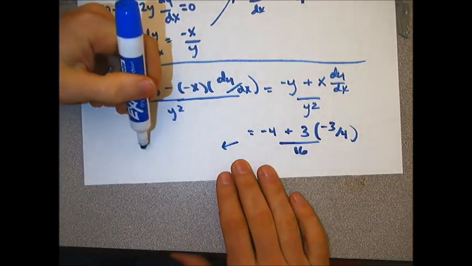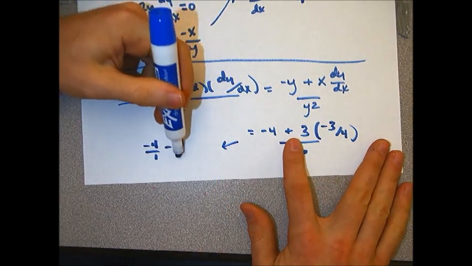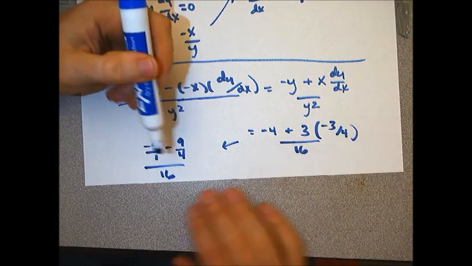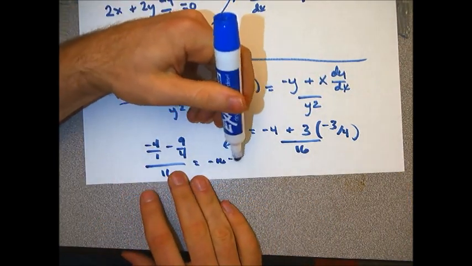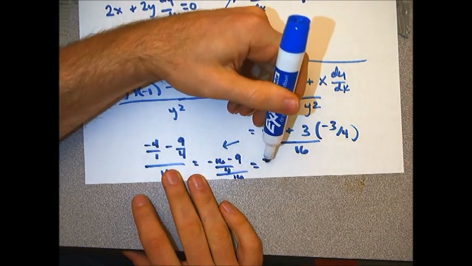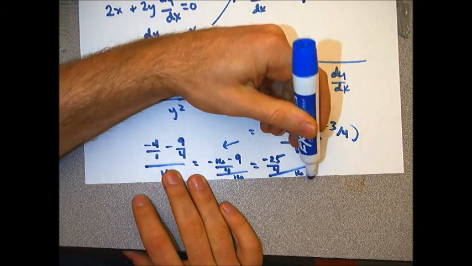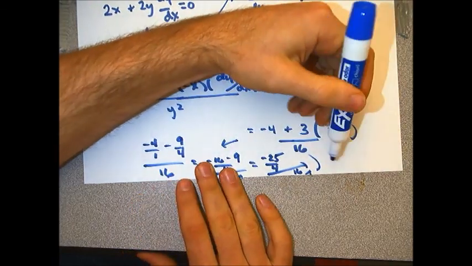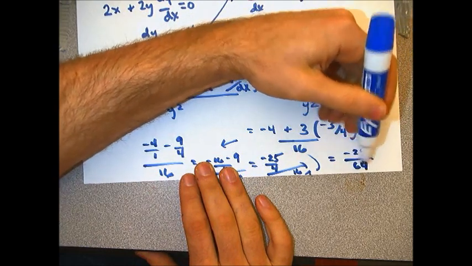This is negative 4, and I'm going to put it over 1, minus 9/4 over 16. If I want this to be a 4, I make this a negative 16. Minus 9 is negative 25 over 4 over 16. And when you flip them, final answer, negative 25 over 64.